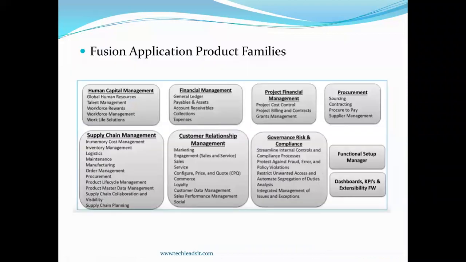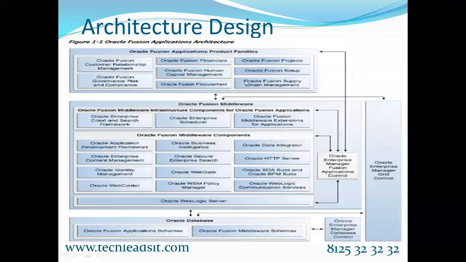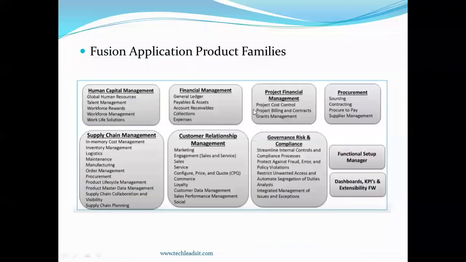Moving on, if you see here, Fusion application product families. As we saw in the earlier slide, the front-end server layer is nothing but application product families. If you see here, product families: procurement, human capital management, supply chain management, and customer relationship management.